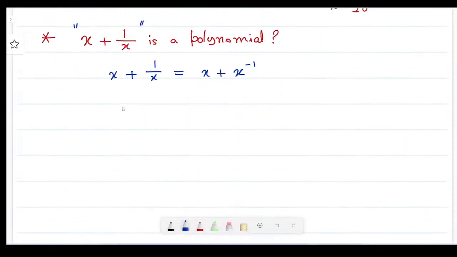You remember? But in this expression, this minus 1 is not a positive integer, it is a negative integer. So it is not a polynomial.